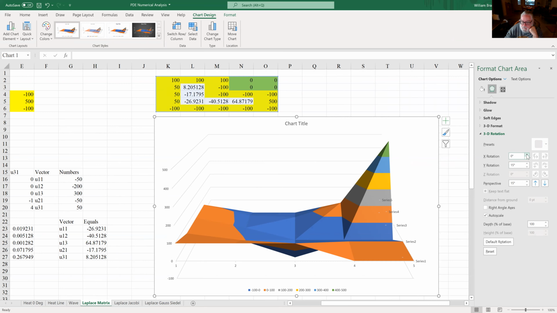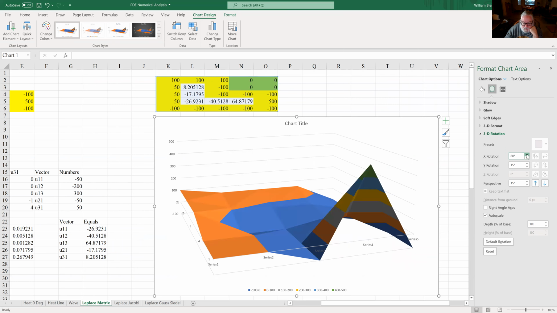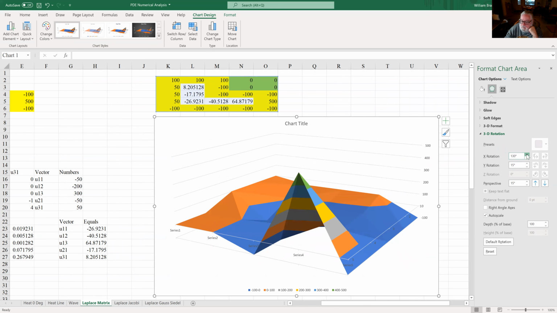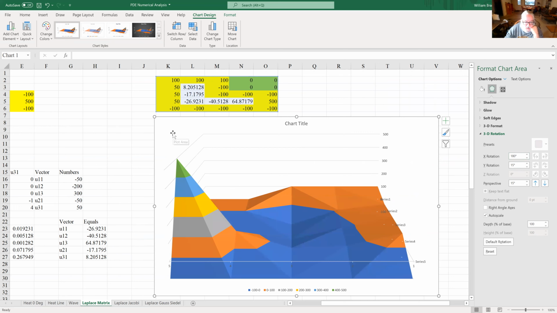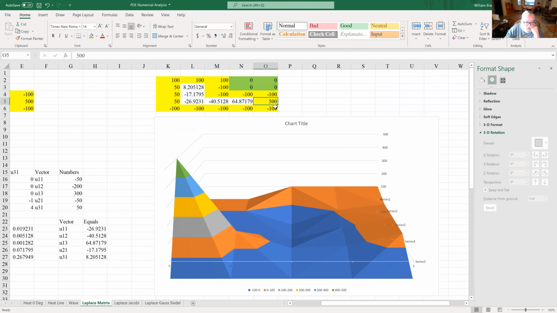And if you rotate it 180 degrees, right, now this is looking at it from, there's our peak here on the left, the flat spot is over there, and this is sort of reversed from that. So there's that picture.